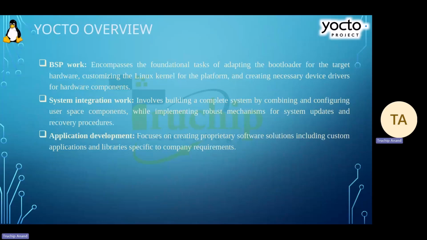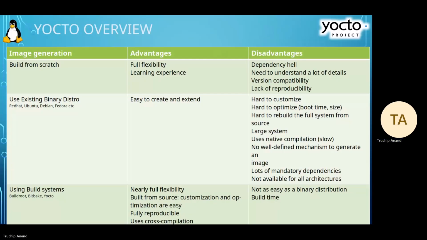We can work. But most of the time we tend to work with embedded subsystems, where we have to think about how to integrate all of them in the right place with the right order. Okay, so that is when we need something called a build system to deal with all of these scenarios. So now if you look at it, how can we do all of this activity?